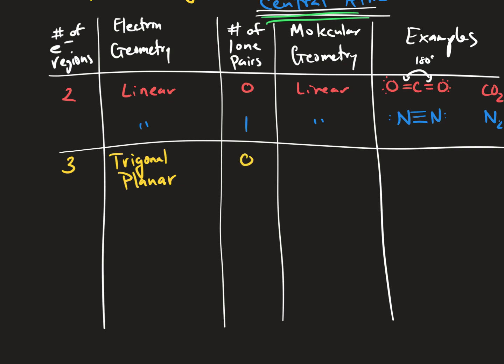So if it has 0 lone pairs, then the molecular geometry is also going to be called trigonal planar. An example here is SO3. It looks like this.